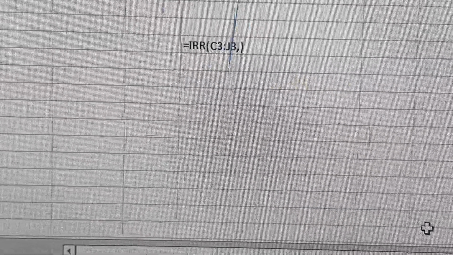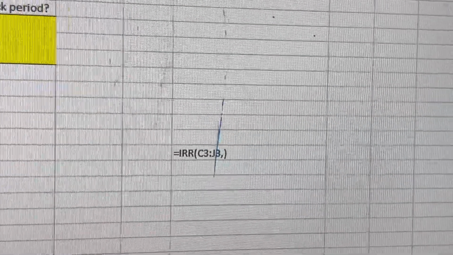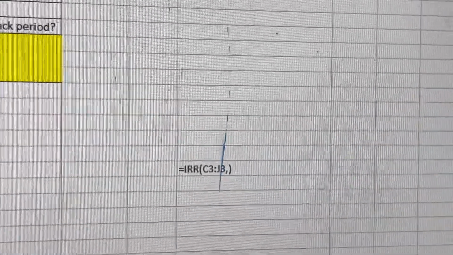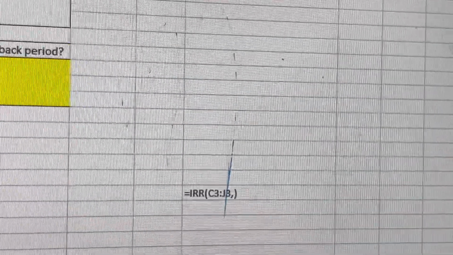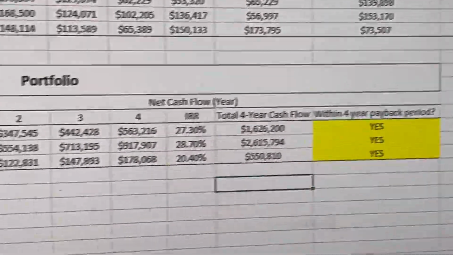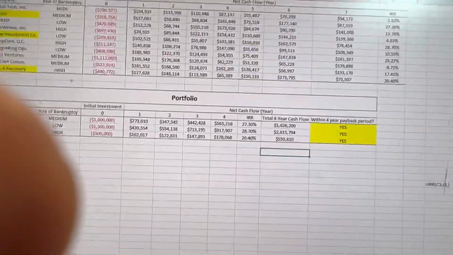It's a J and a 3, with column C being the initial investment and continuing until column J, which contains the final net cash flow.